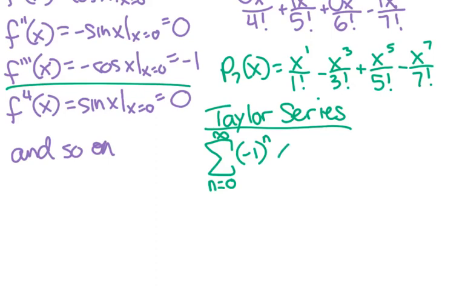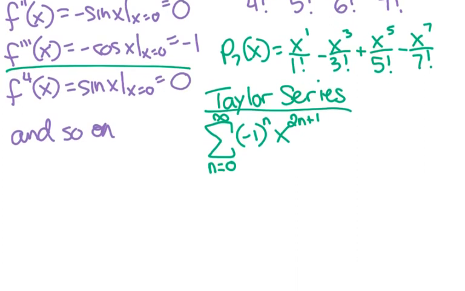Now I need to raise x to a power, and if I'm using 0, that means the first power should be 1, but then I have to go up by 2's. So that means I'll multiply by 2 and add 1, 2n plus 1. And then my factorial is 2n plus 1 as well.